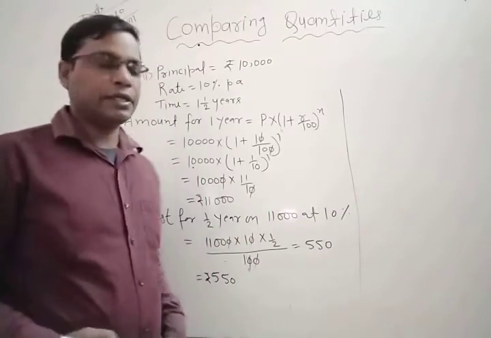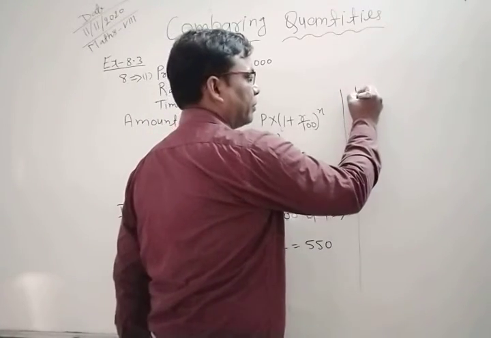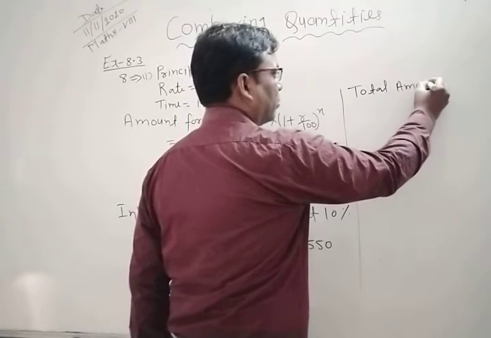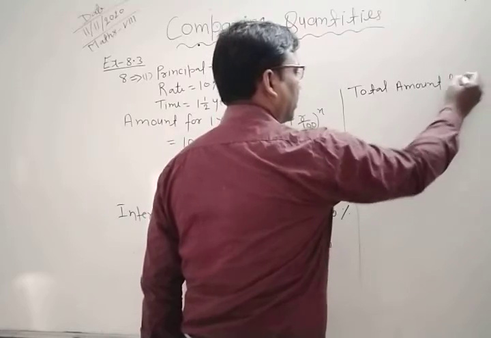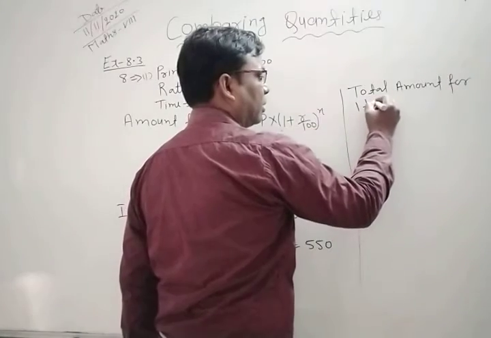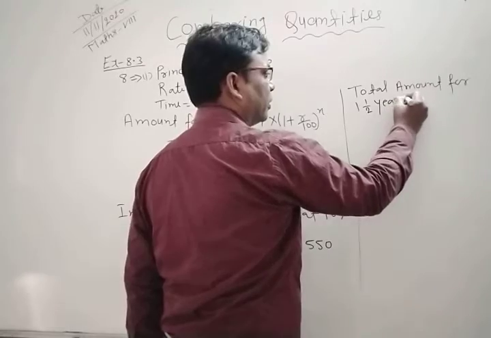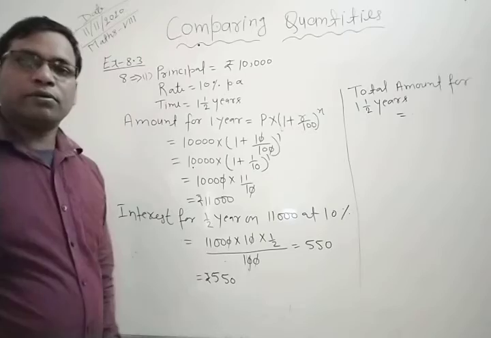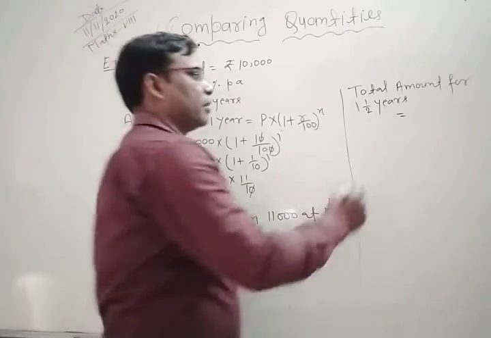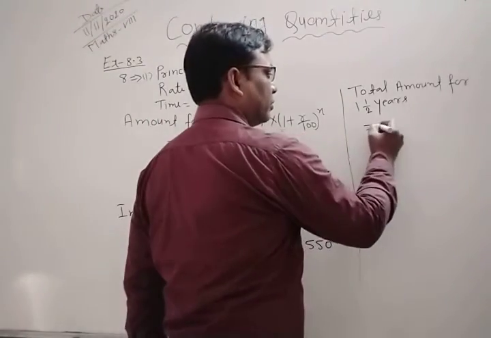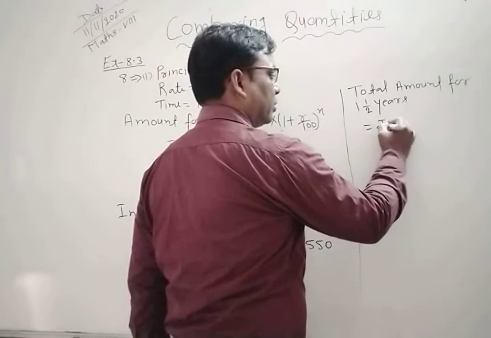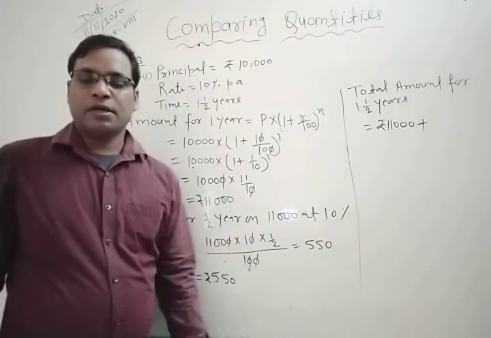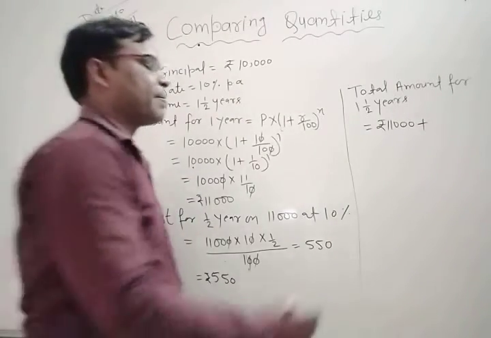Okay, so the total amount for 1.5 years is equal to, first, the amount for 1 year, which is 11,000 rupees, plus the interest for half year, which is 550 rupees.